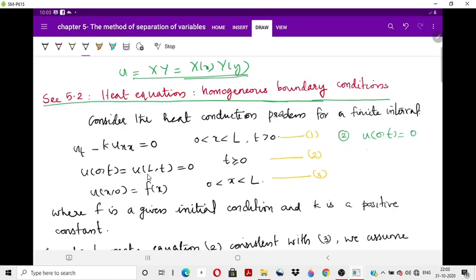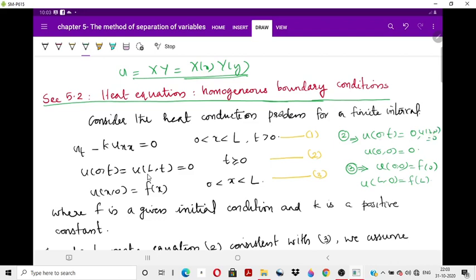And then when t is equal to 0, we have u(0,0) equal to 0. From equation 3, we have u(0,0) is equal to f(0), and u(L,0) is equal to f(L). And from equation 2, u(L,0) equal to 0.